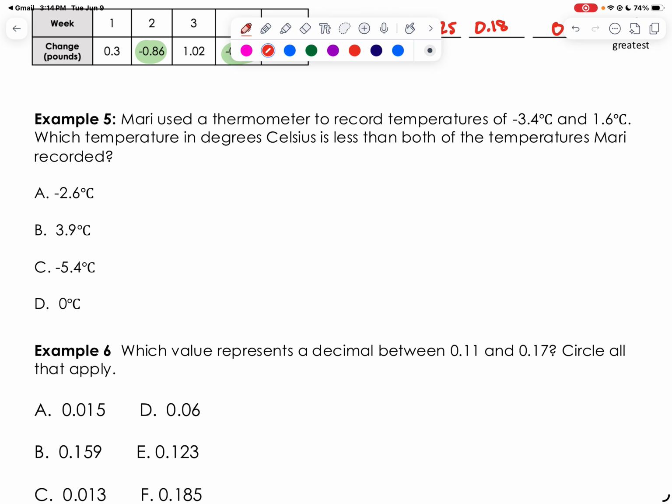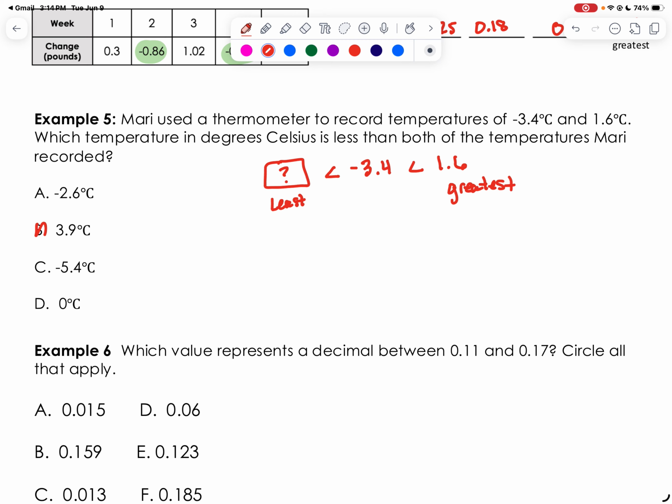So I want a temperature, I'm just going to use a little question mark to represent, that is less than negative 3.4, which is less than 1.6. In other words, this would be the least one, and 1.6 is the greatest. So I'm looking for a temperature that's smaller than negative 3.4 and 1.6.